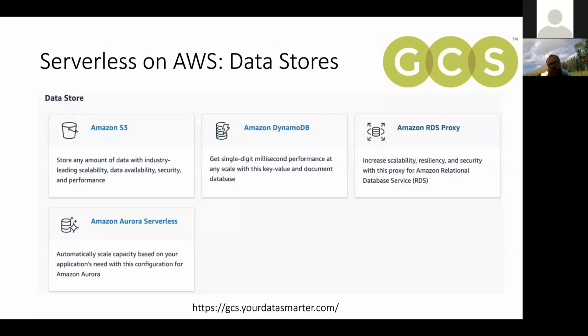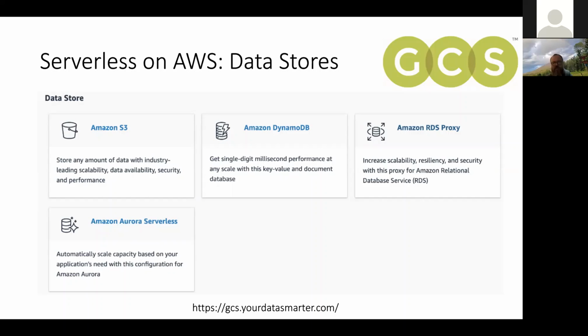And then there are lots of options for serverless for your data store. So I've mentioned Amazon S3, which most people are familiar with at this point. It's object storage, and it's very cheap. If you have lots of raster data, that's really where people are storing their data now in the cloud, in these object storage offerings.